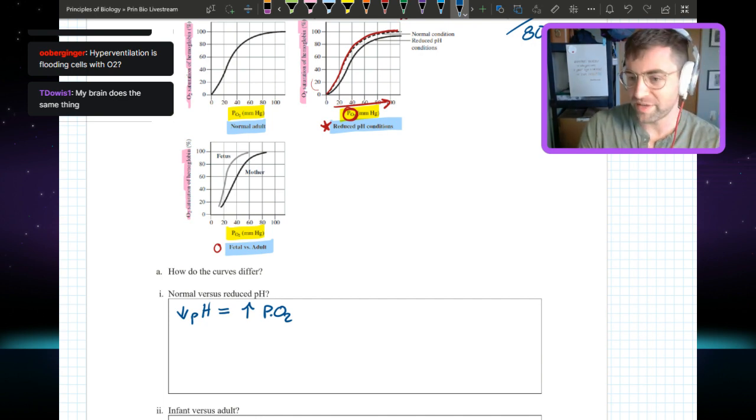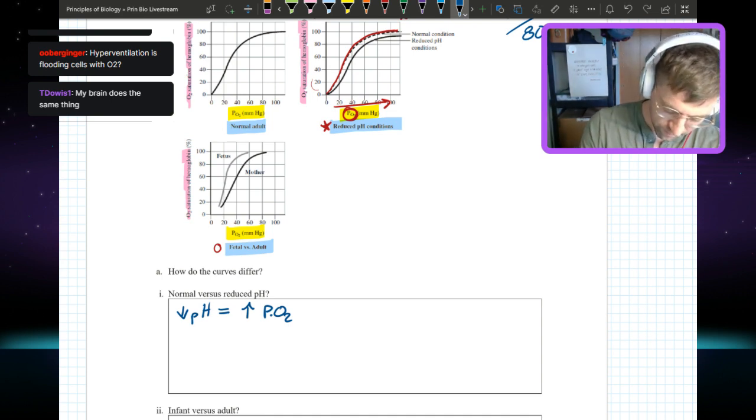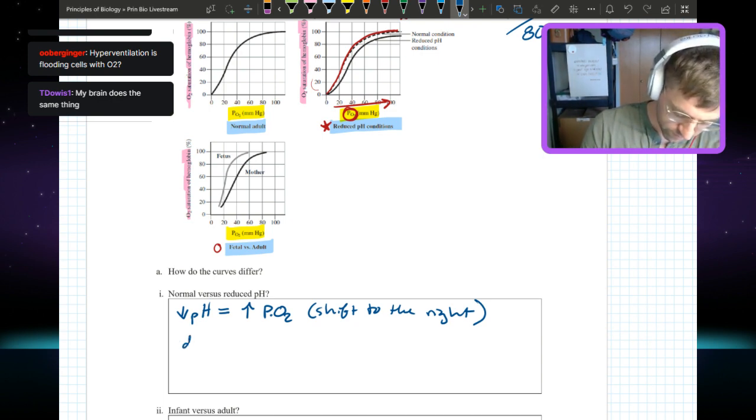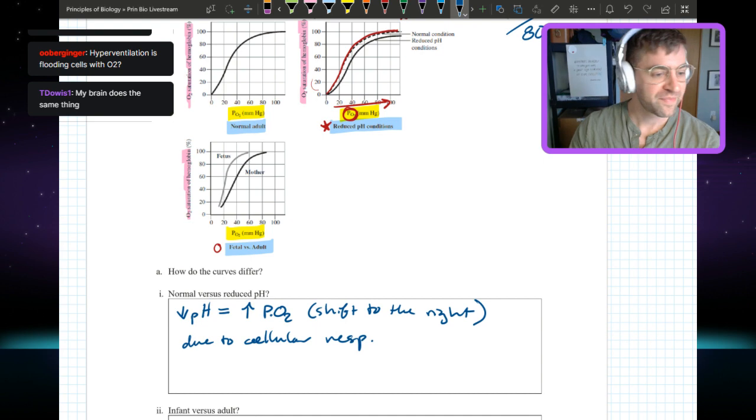It really can be that simple. And we can leave it there. Due to cellular respiration. Leave it there.